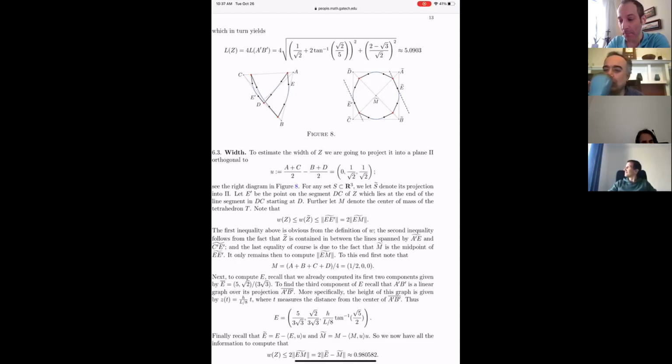Can I ask? Maybe it's just me, but I didn't see where in your proof you were specifically limited to the three-dimensional case. Where in the proof was I limited to the three-dimensional case? Yes. So the unfolding you can do in every dimension. Is it in the characterization of the tennis ball curve?